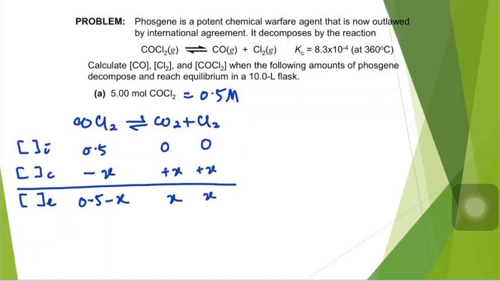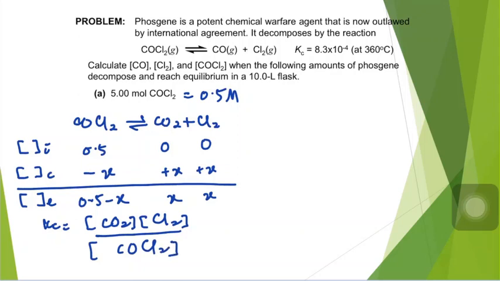So when we write the Kc expression, Kc is equal to the concentration of CO to the power of 1 times Cl2 to the power of 1 over the concentration of COCl2 to the power of 1, which is equal to x squared over 0.5 minus x. So this is not a perfect square.